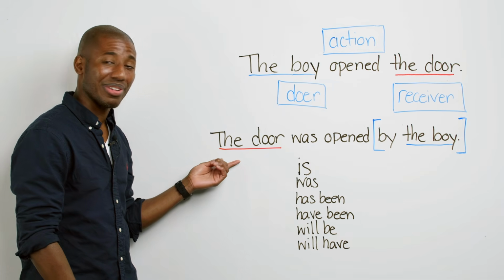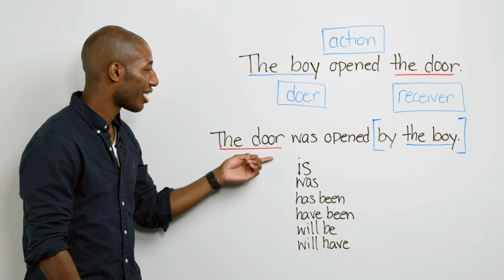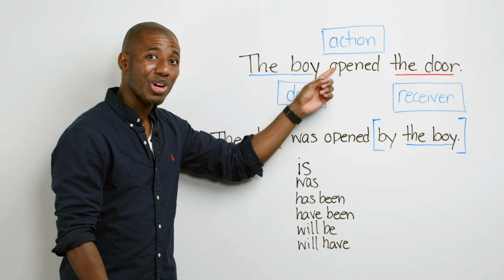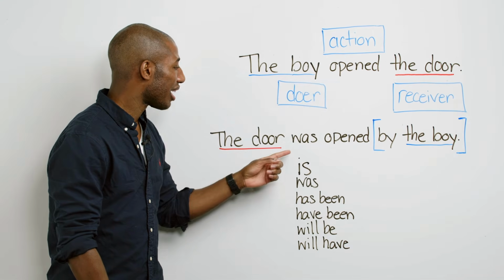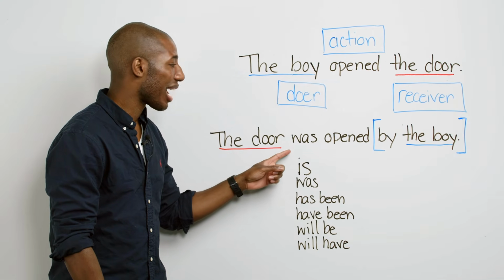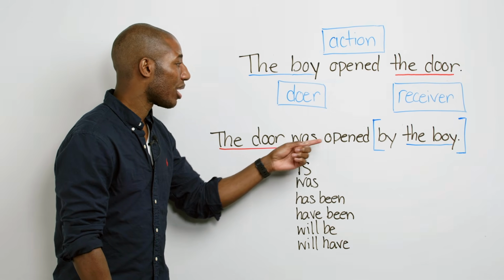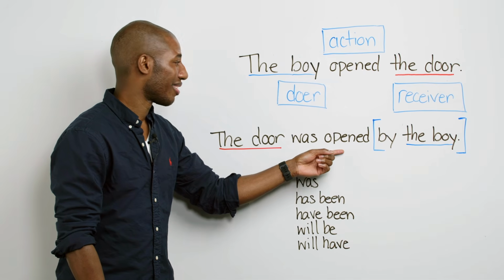Now we have the receiver at the beginning of the sentence. The door was opened. Our verb is the same, or the action is the same, but we have a to be verb added on. Was opened. It's our to be verb plus the past participle of open.